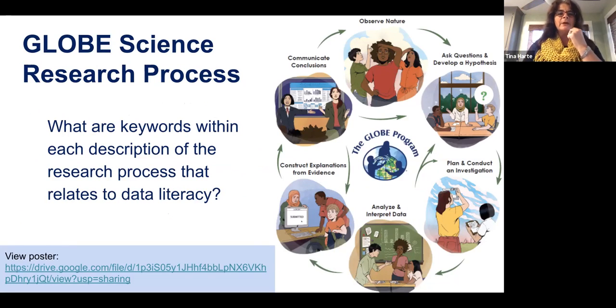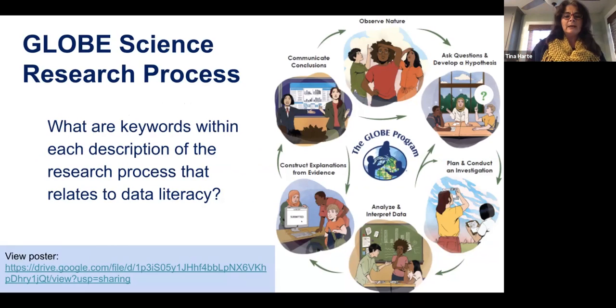So let's think about the Globe science research process that we have, and we have the poster. And one of the things I wanted us to pause for and think about, Jessica's going to put a link in the chat for the research poster, because we really wanted you to look at the second image, which includes, it's 2 pages.